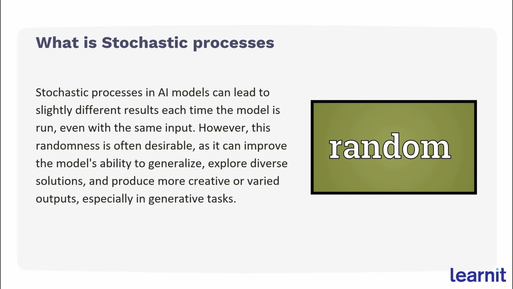Now, a stochastic process in AI models can lead to slightly different results each time the model is run. So even though we put in the same input, I can say, hey, how much does this equal out to, my total sales? It might not be word for word the same exact output. And this is often what is desired.